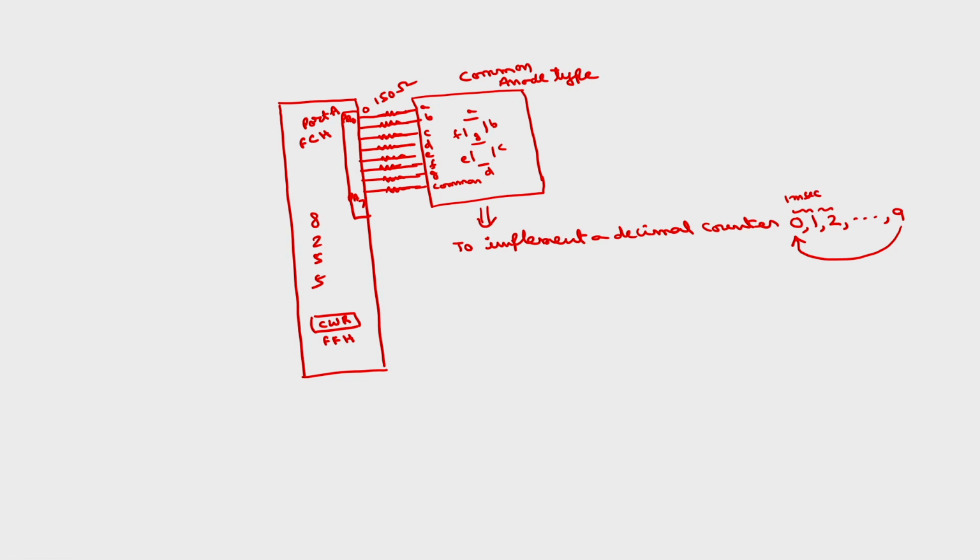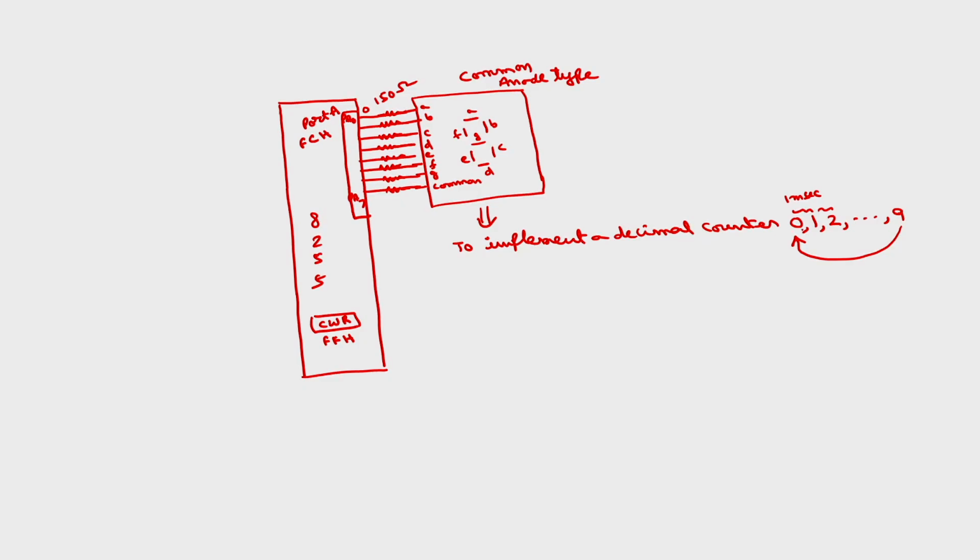So, I want to program this as a decimal counter which counts from 0 to 9 repeatedly. Because it counts from 0 to 9, this is also called a decade counter.